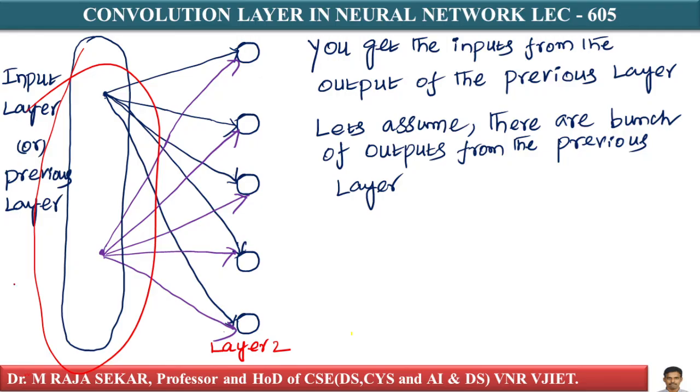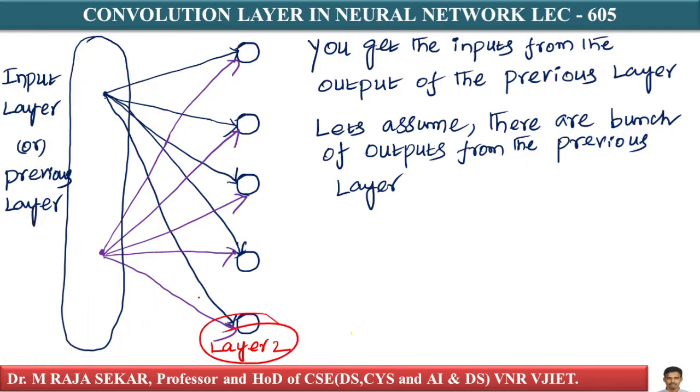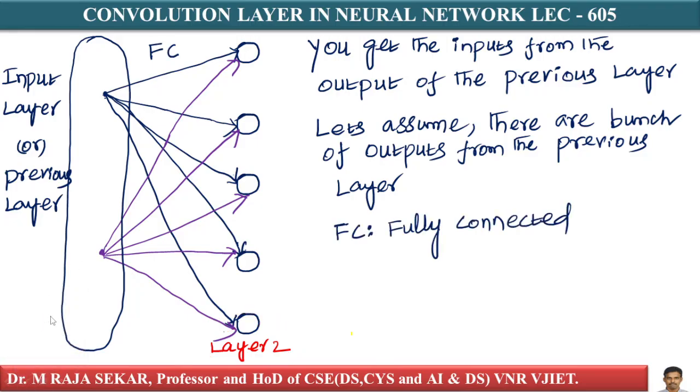Now given this layer 2, we are doing fully connected layers here. FC means fully connected, and then we apply an operation on top of it. Before we output, we have two steps.